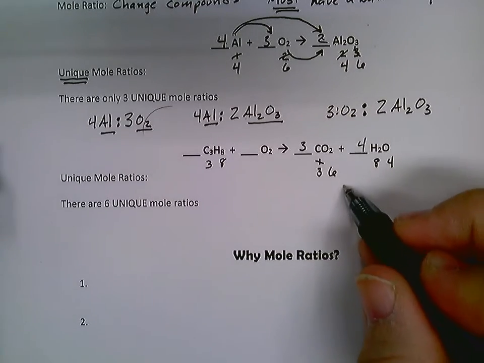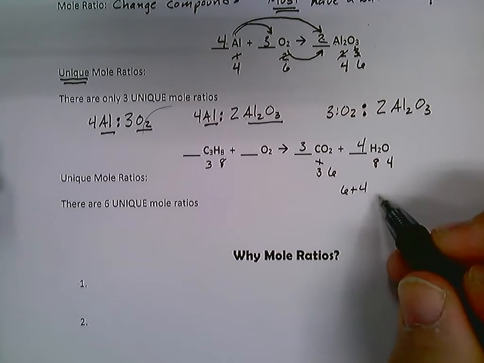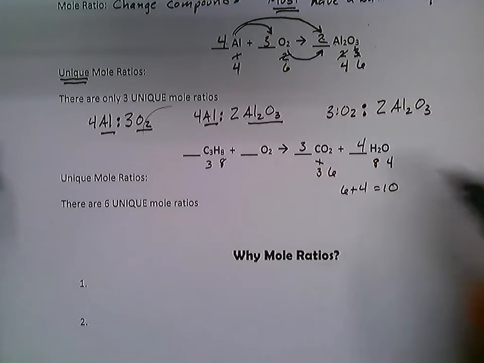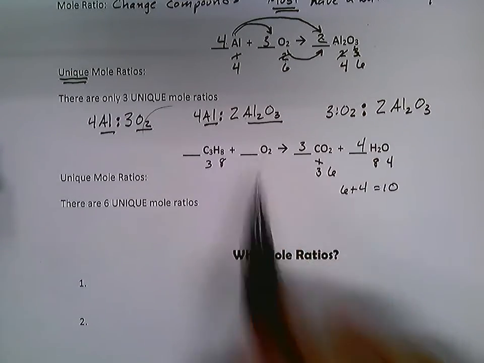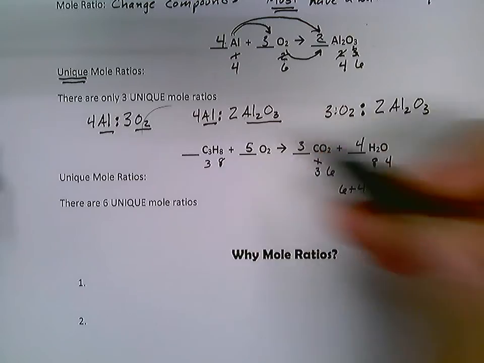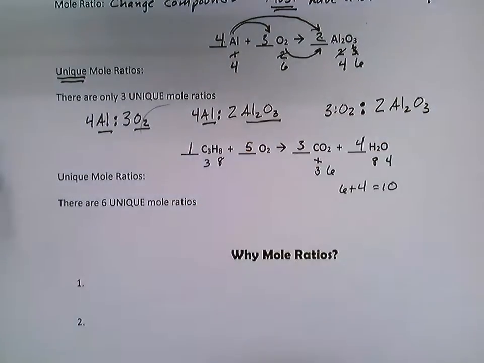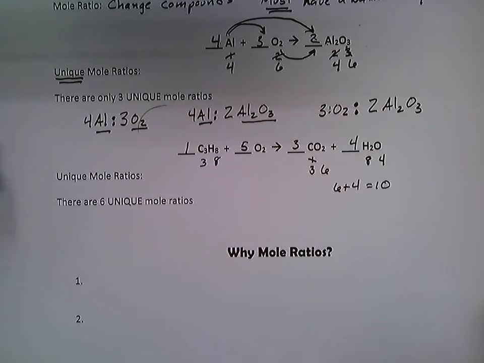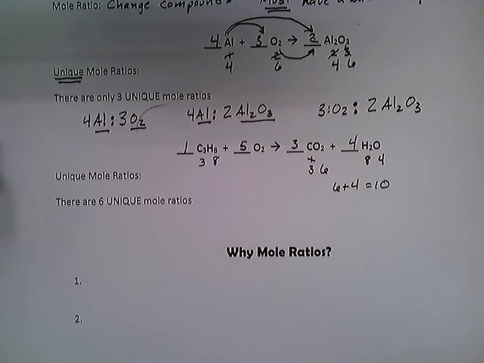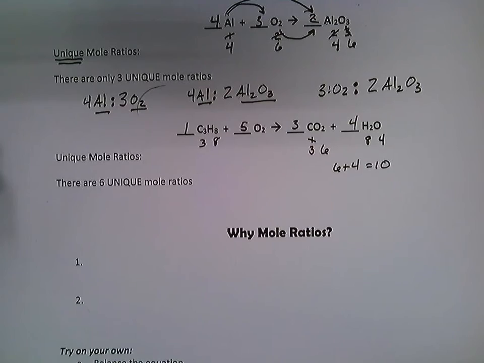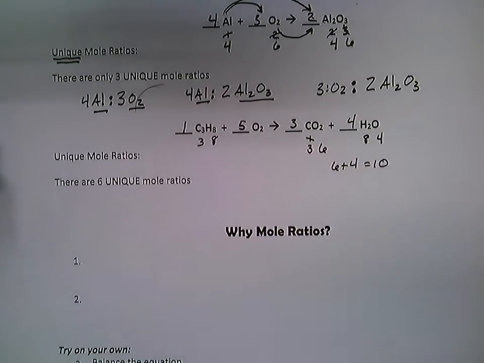That means I've got 6 plus 4 oxygens for a total of 10. All right, I've got 2, so I'm going to put 5. Again, under normal circumstances, we do not include the 1s, but for our purposes, we're going to have to, simply because of computer issues, things like this.